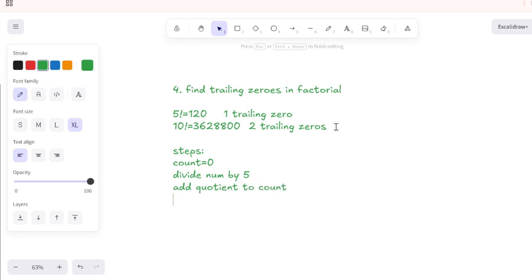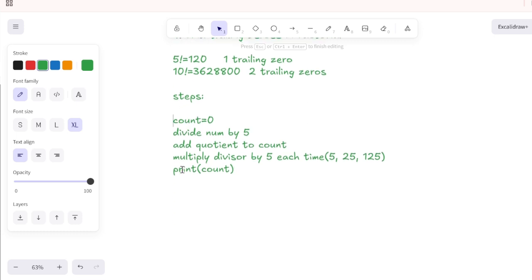Next, you need to multiply the divisor by 5 each time, like 5, 25, 125. These are the most important numbers. And finally print the count. So these are the steps you need to follow.